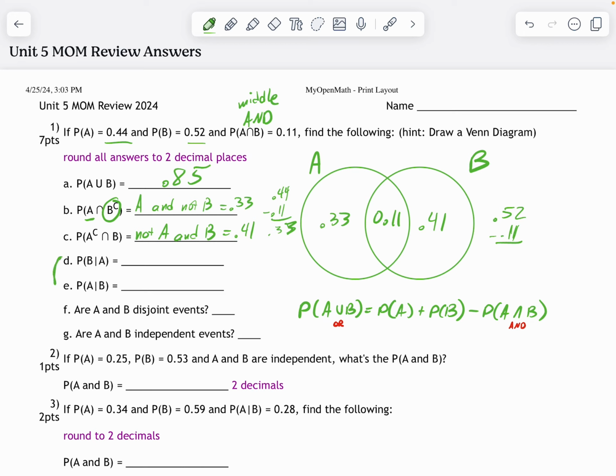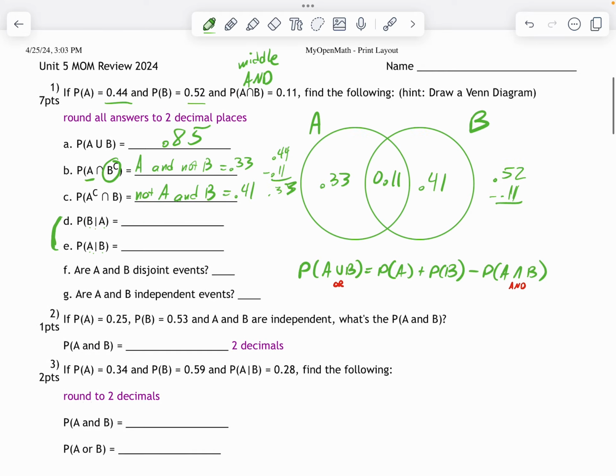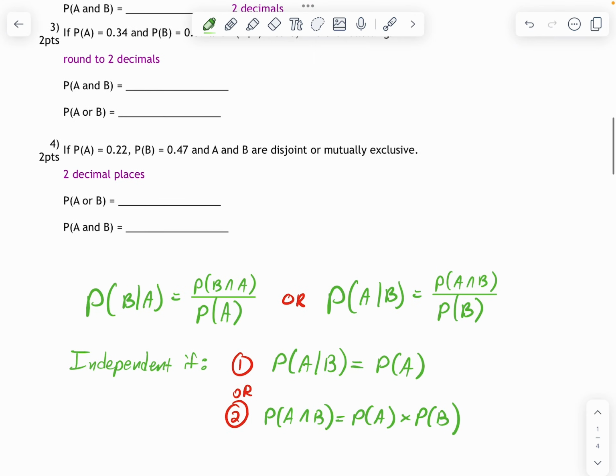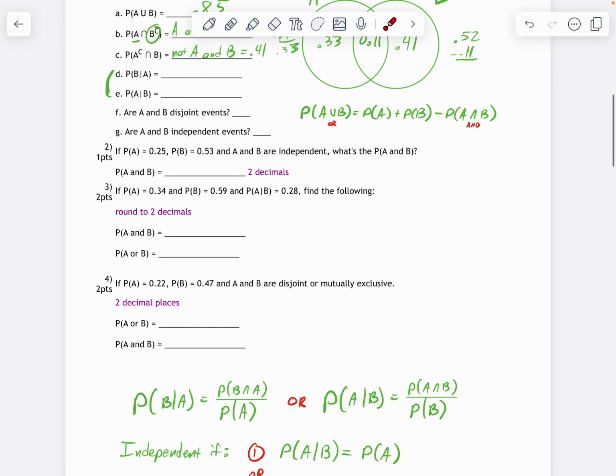Now we get conditional, okay? This one, the first one is B given A, and then A given B. I've written them both down here, both ways. This is B given A, this is A given B. And we can just do what the formula says. So for the first one, the numerator is the probability they both happen, okay?